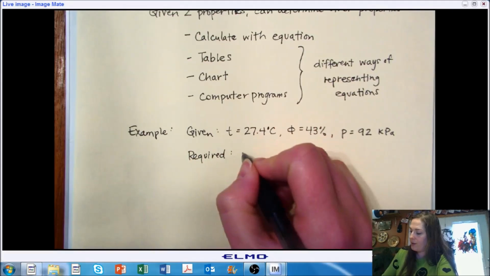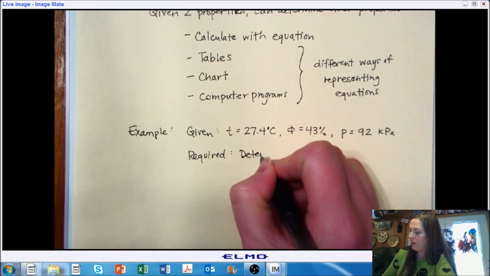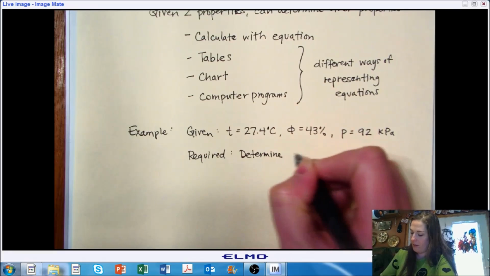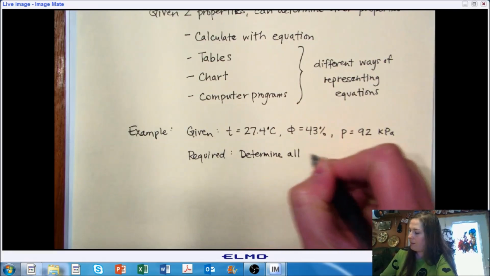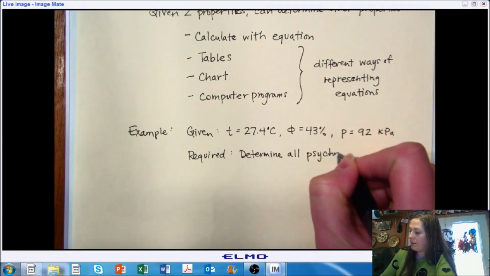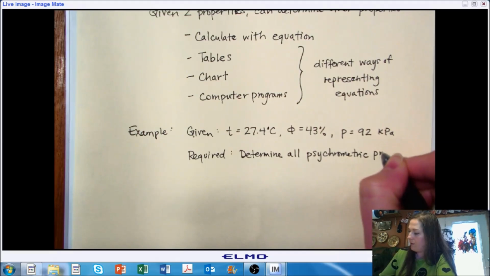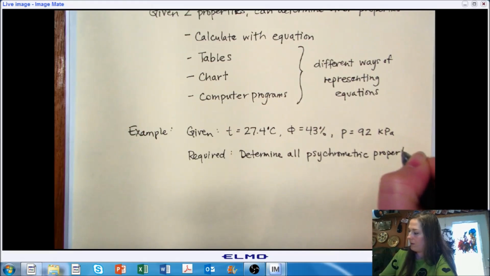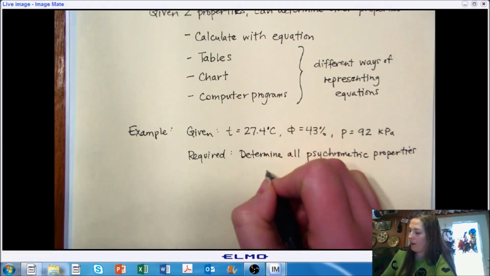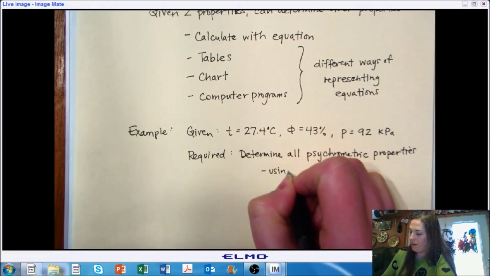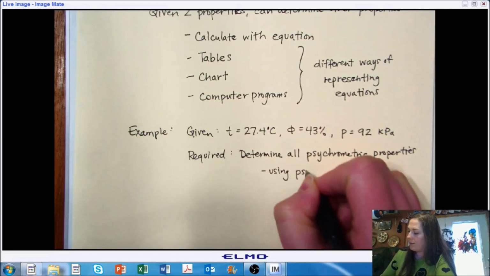We're being asked to determine all of the psychrometric properties using the psychrometric chart.